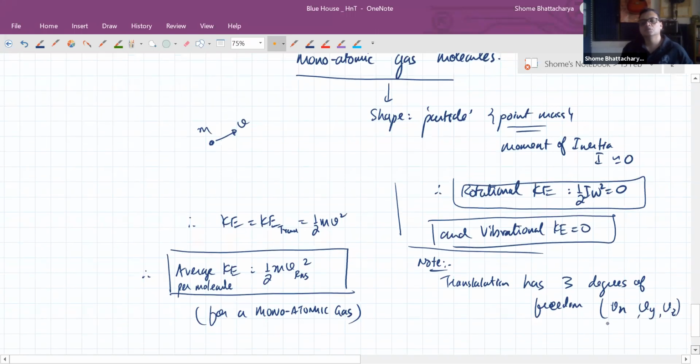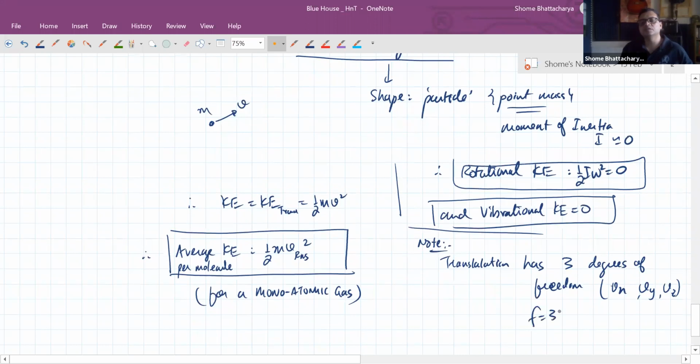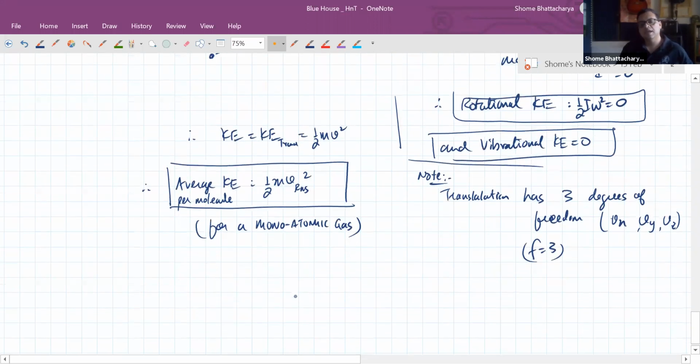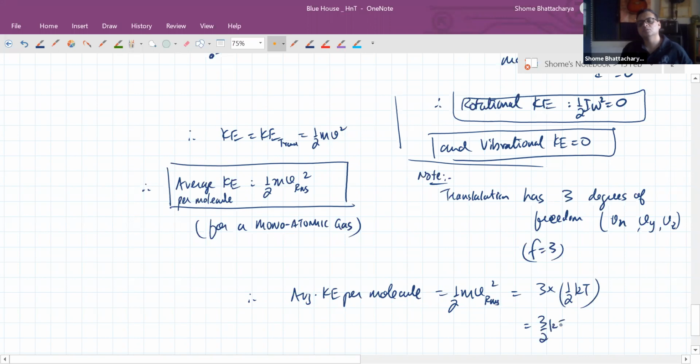In that language, we say that small f is equal to 3. So the average kinetic energy per molecule will become 3 times 1 by 2 kT, or 3 by 2 kT.